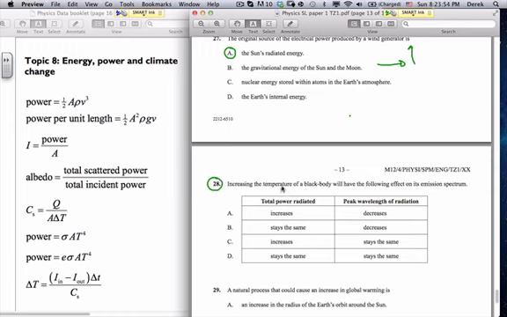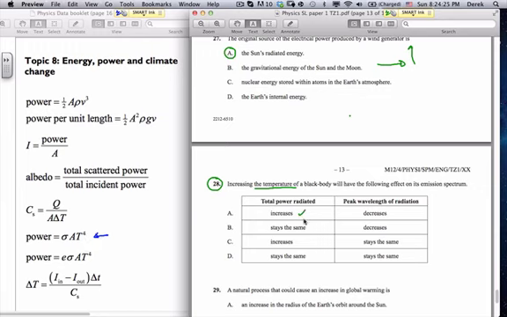28. The increasing temperature of a black body will have the following effect on its emission spectrum. When we increase the temperature of a black body, we're looking at the total power radiated and the peak wavelength of the radiation. When we increase the temperature, obviously our power increases.